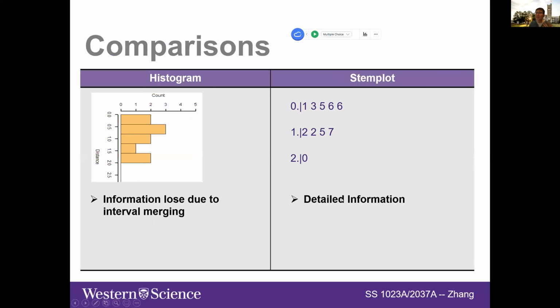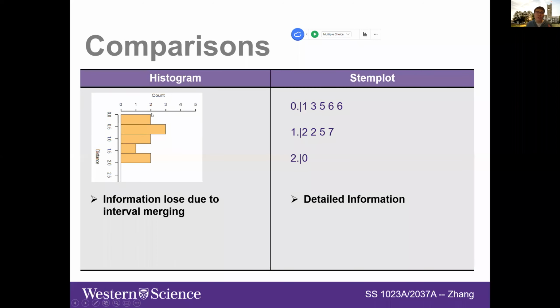So now you can see that the stem plot can also help us display the distribution of our data set, in terms of how many fall in the region between 0 and 1, and how many fall into the category from 1 to 2, and so on and so forth.